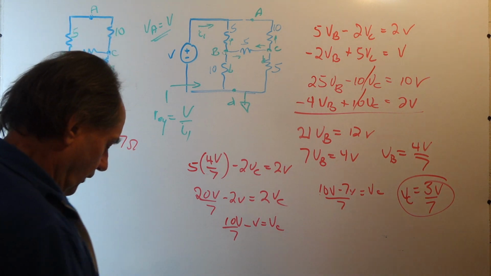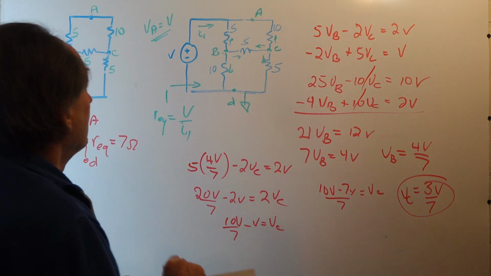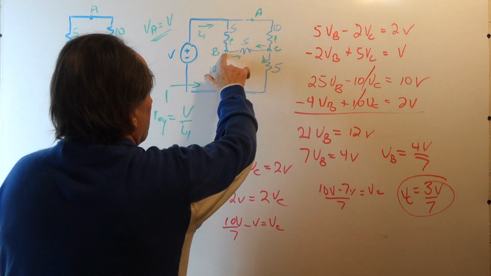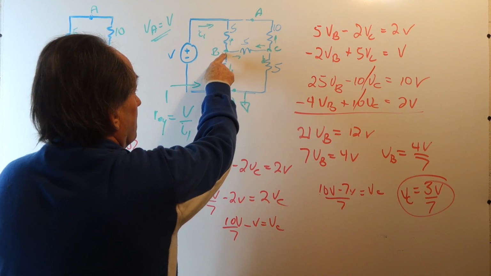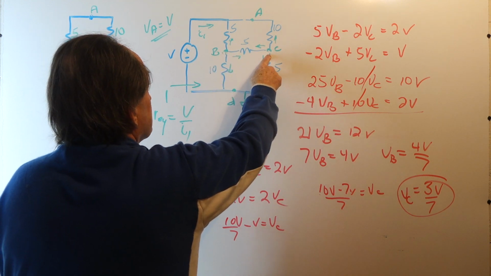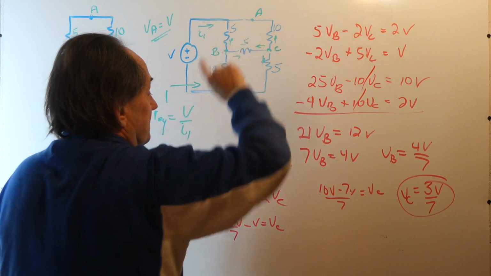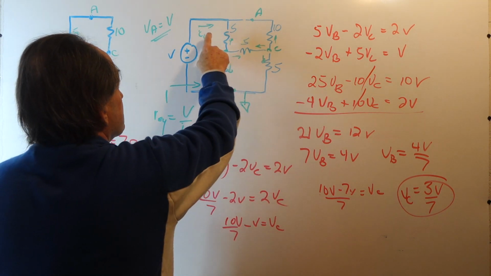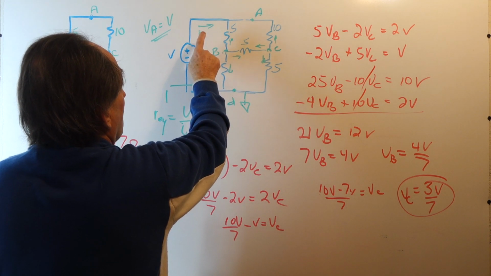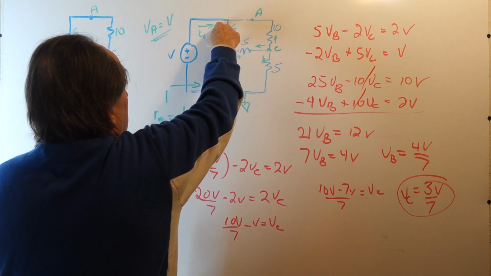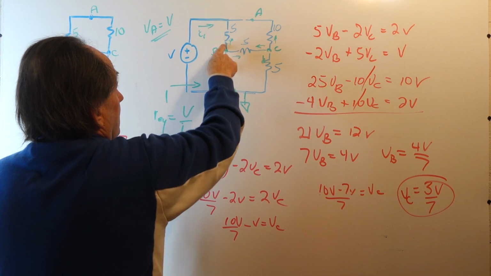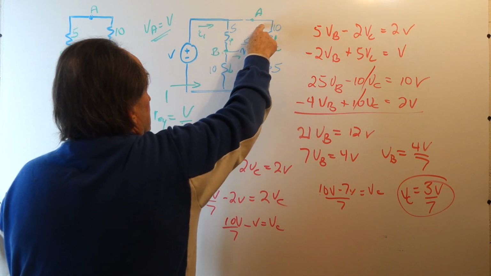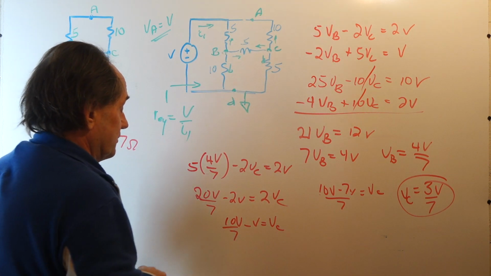Now, we're not done here because all we've solved for are the node voltages. We know the voltage now at node B and node C. The network is completely determined, but we have it determined in terms of node voltages, and we want to find current I1. Well, to find I1, we need to add the current through this 5 ohm resistor and the current through this resistor.